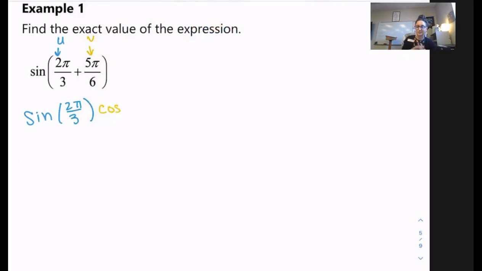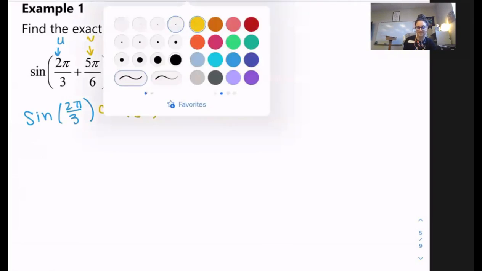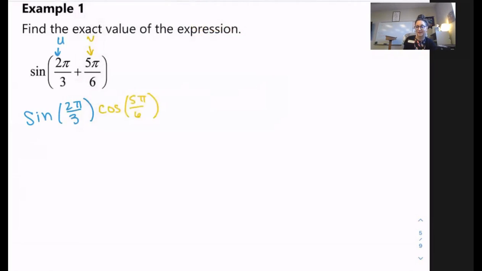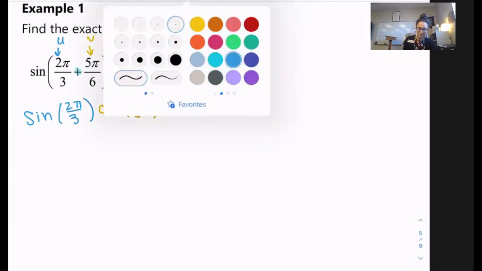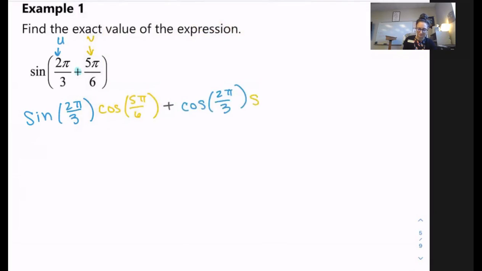Just make sure you go u, v each time. And he makes sure their signs are the same. So what should I have next, a plus or a minus? I'm going to have a plus to match the sign here, right? And then we've got Cosette's sister and Sinbad's brother sitting in the back, right?